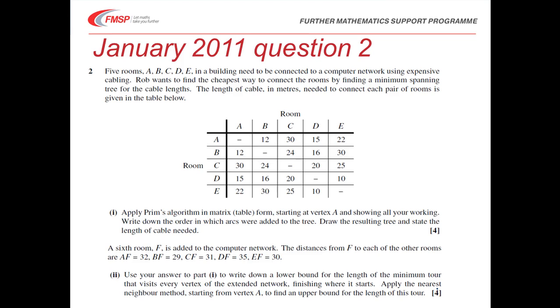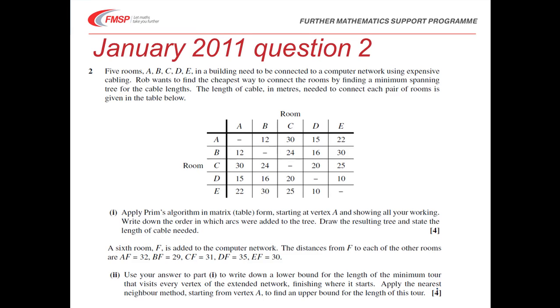Okay, so it says apply Prim's algorithm in a matrix or table form, starting at vertex A, showing all your working. We've got to write down the order in which the arcs were added to the tree, and draw the resulting tree and state the length of cable needed. So that's the first part, and then in the second part, a 6th room, F, is added to the computer network.